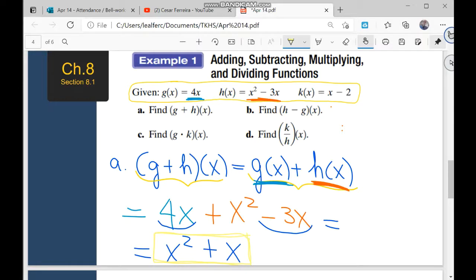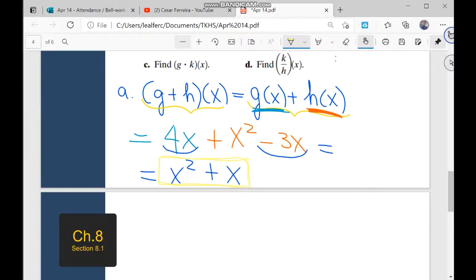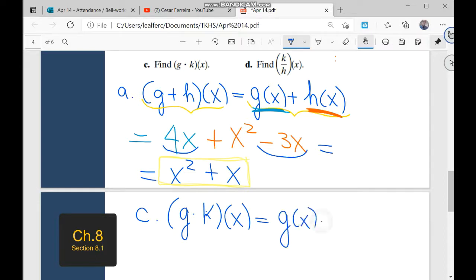Let me show another example, now with multiplication, okay? Let us see. On C, we have (g times k) of x. And this is just a new way of representing g of x times k of x.